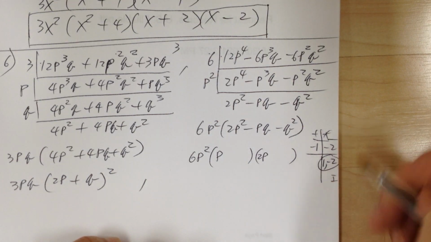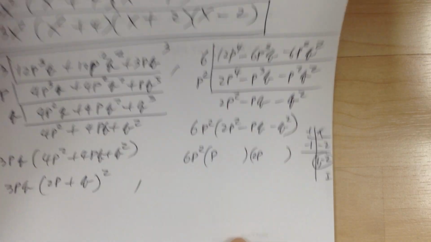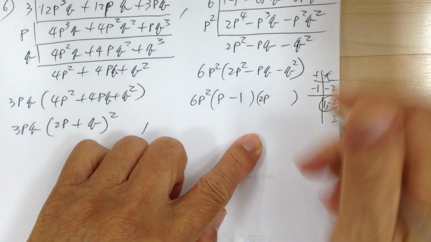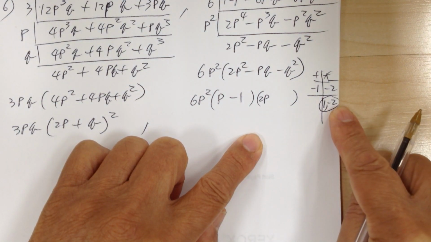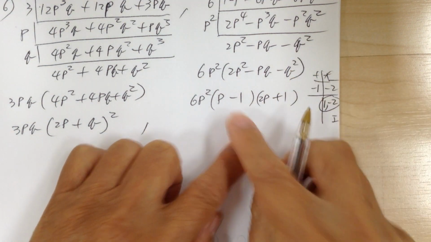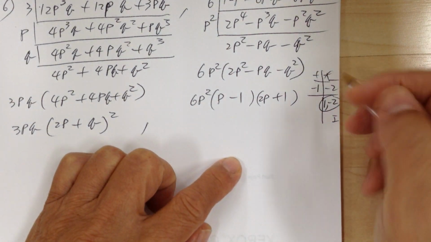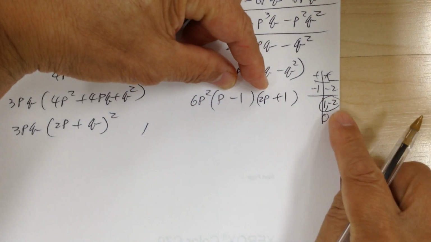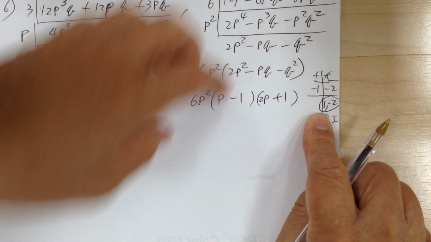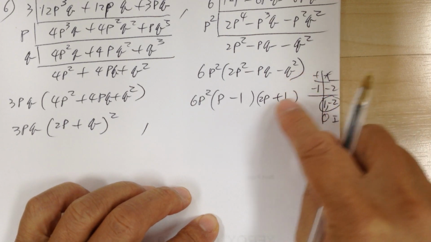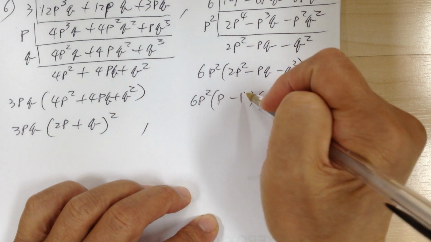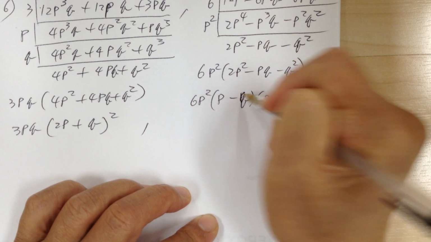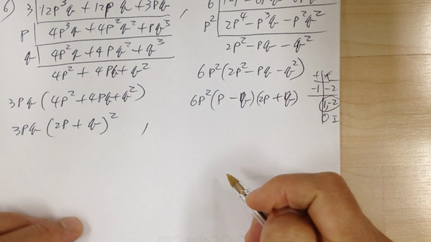So this would be the inside. Right, so 2 times -1 would give you -2, and this would be +1. 1 times 1 would give you 1. Right, so this is the outside. So inside and outside. Okay, now there's a q in the back, so you have to put a q in the back. So 1q means just q, right? So normally you don't write 1 as your coefficient.